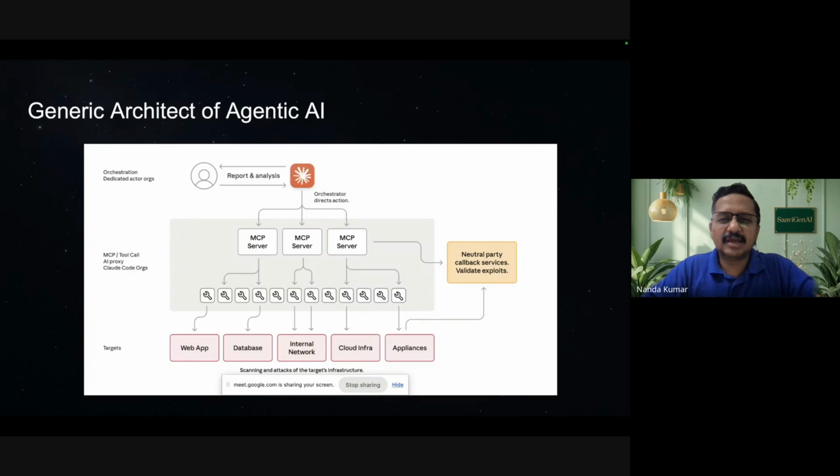That is called agentic AI. So think of agentic AI as a supervisor who gets a mission, and to execute the mission, he orders work to multiple subordinates and gets the work done. On a high level, this is how it will be.